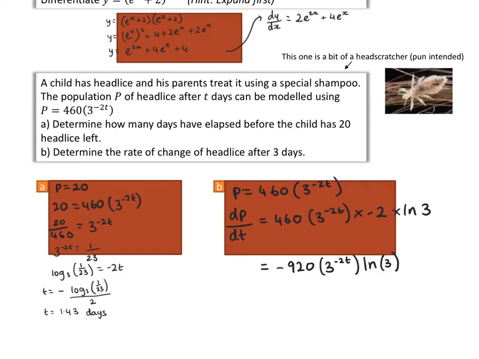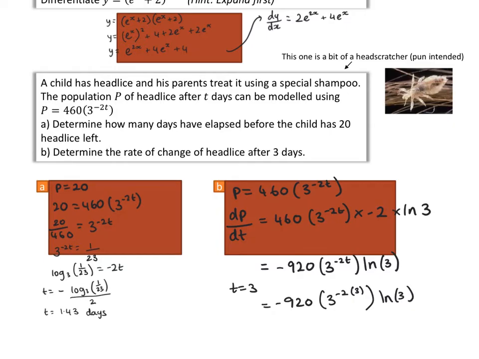It says determine the rate of change of head lice after 3 days. In this case, our t, because we know t is days, is 3. So once I've figured out my rate of change, I substitute that in. This equals minus 920 lots of 3 to the power of minus 2 times 3, because it's 3 days, ln 3.